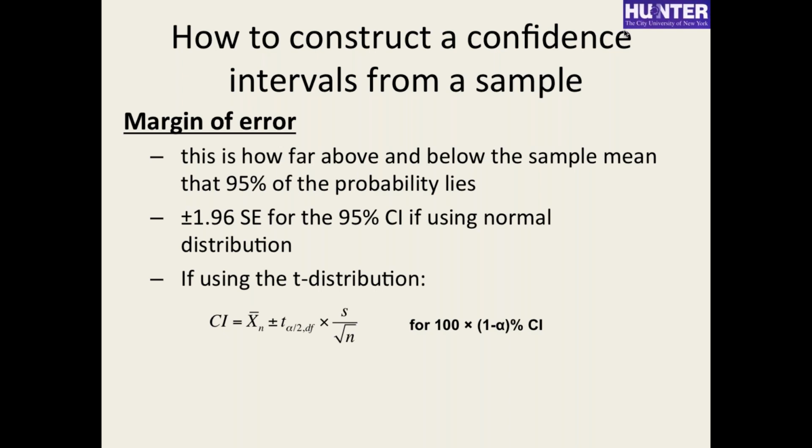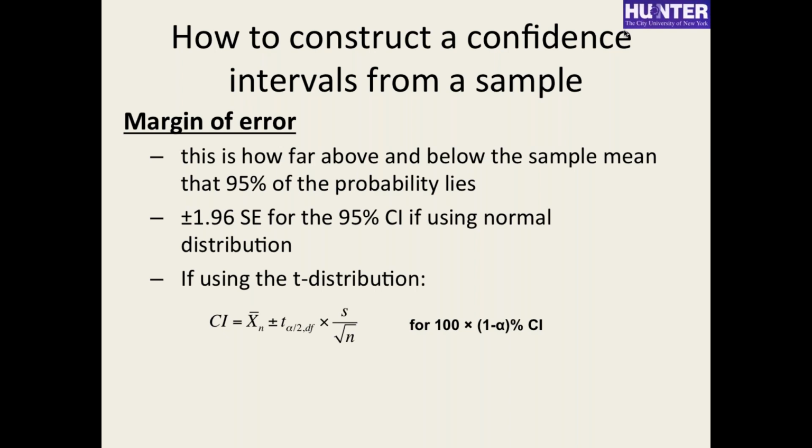If we don't know the population standard deviation, we use the t-score, because we're going to base our guess of the population standard deviation on the sample standard deviation, right? So we introduce a little bit more error. So we use the t-score times a representative of the variability that we would expect from samples of that size.